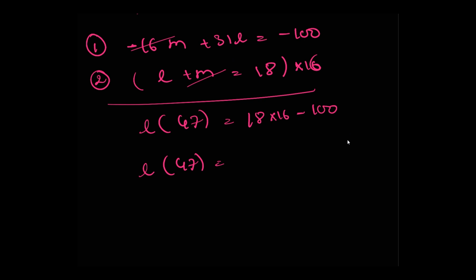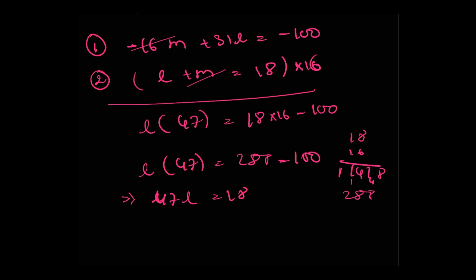Now I will show you a trick to multiply two digit numbers: 18, 16, 6 8 are 48, 8 plus 6, 14, 1, 288. 288 minus 100. That implies 47L equals 188. 47 into 188, 4 times. L equals 4.